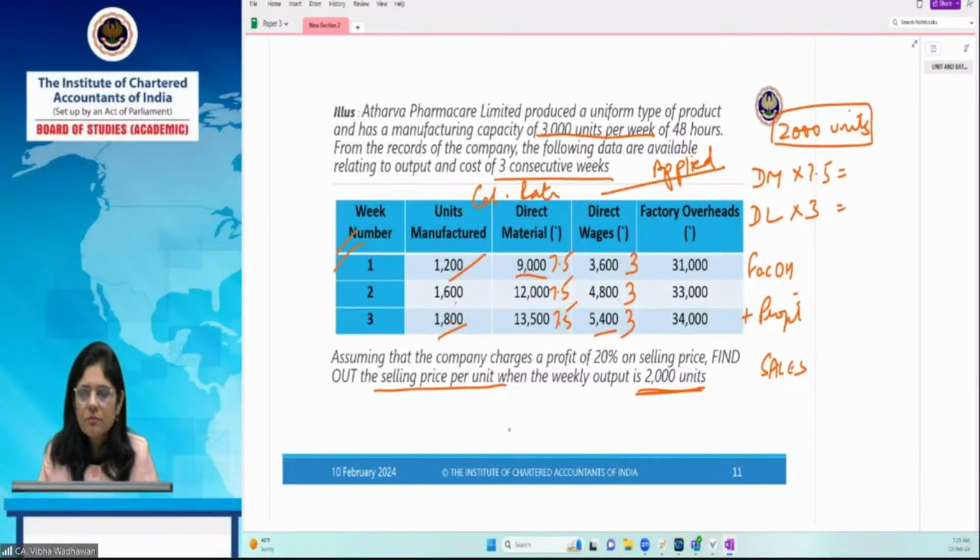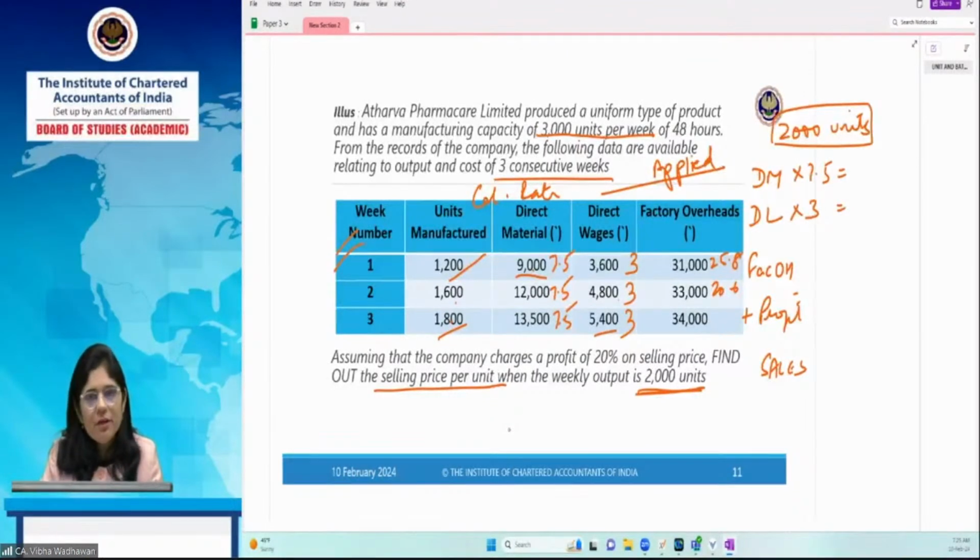Clear? Coming to factory overheads, let's check about factory overheads. Is it 100% variable or what? So 31,000 divided by 1,200 is 25.8. Let us check for the second also. 33,000 divided by 1,600 is 20.6. That means factory overheads are not variable, and they are not fixed also.